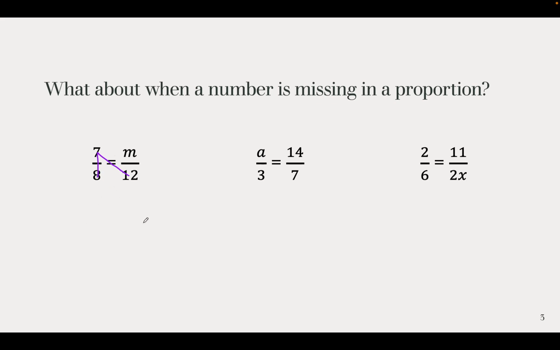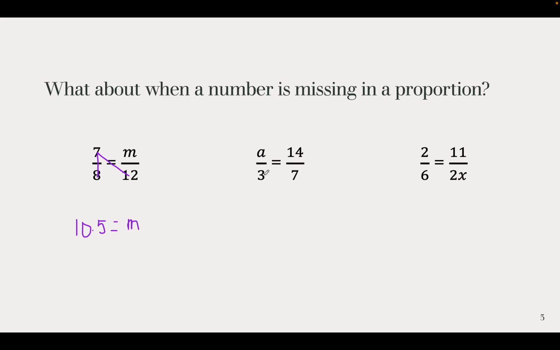So I would take that 12 times 7 divide by 8. That equals 10.5, y'all. So that means that M equals 10.5.